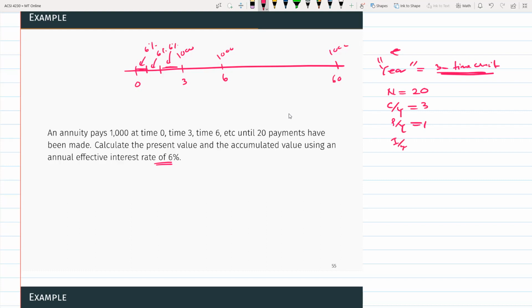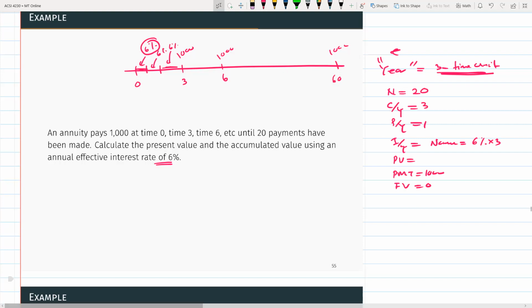And the nominal rate is 6% per time unit, so you multiply by 3. Then the present value, if you want that, you leave it there. Payment is going to be 1,000, and future value you set to 0 if you want the present value. If you are calculating future value, you set present value to 0 and calculate future value.